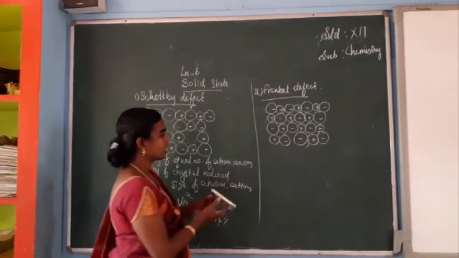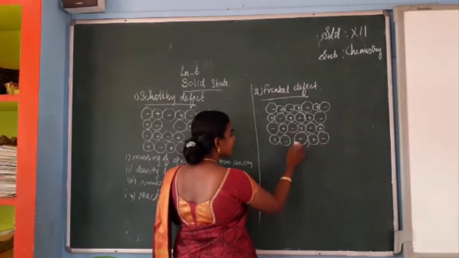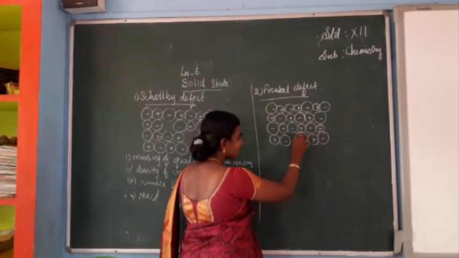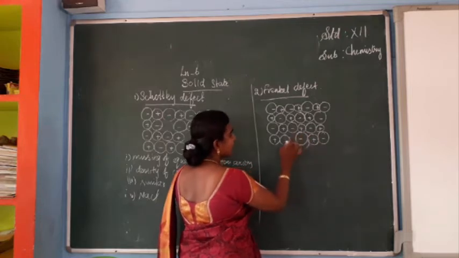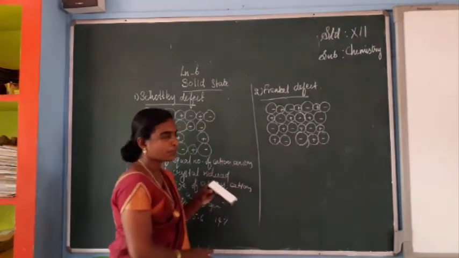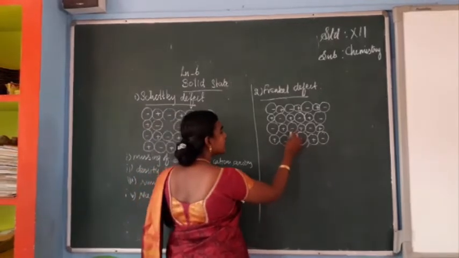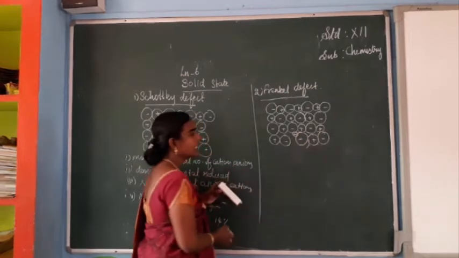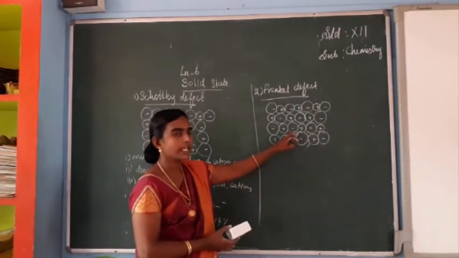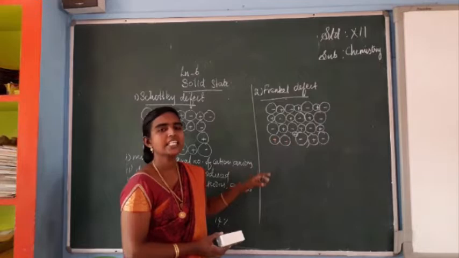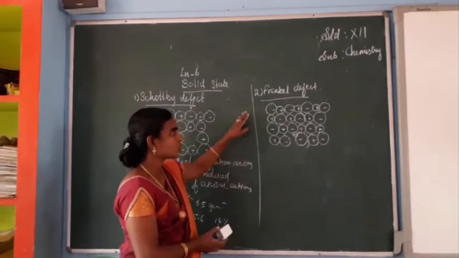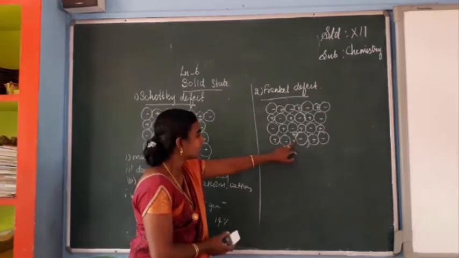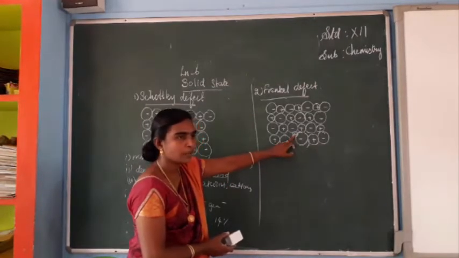So consider this, right? Here an empty space is there, isn't it? So Ag plus is missed from this position, and instead of this position, it occupies the position in between these two layers. That is called the interstitial position. Okay. So Frenkel defect arises due to this position, called the interstitial position, isn't it?